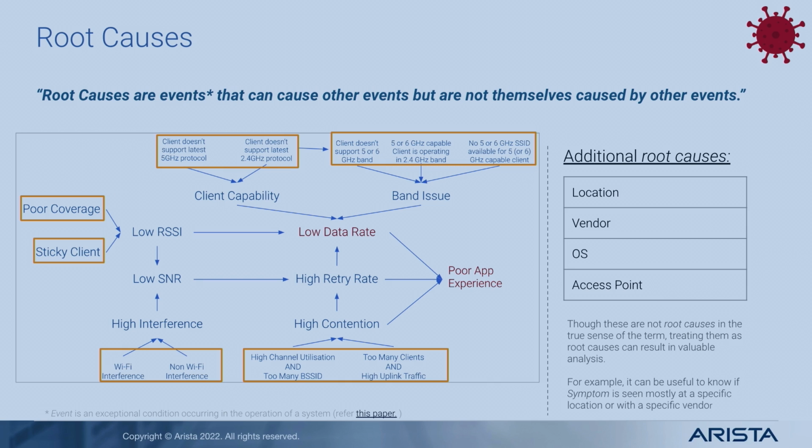And there can be other sort of root causes, which are not really root causes, but you can say these are correlations, like clients at a specific location facing an issue and so on. Going back to the analogy, if you have fever, well, COVID-19 can be a root cause potentially, or you're just tired. So there can be multiple root causes.